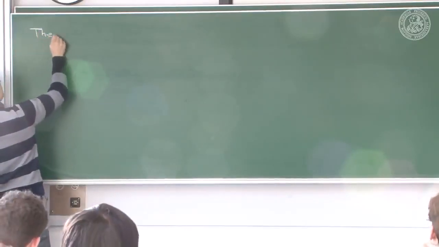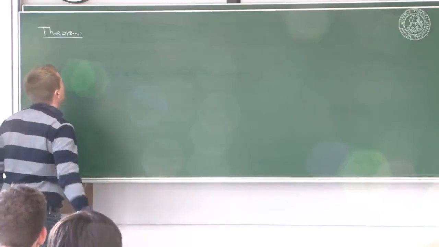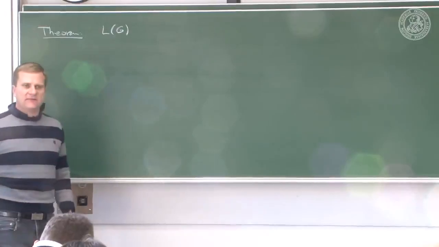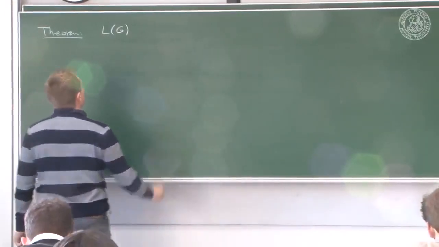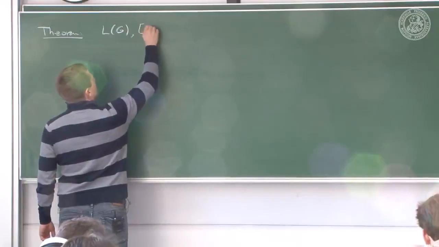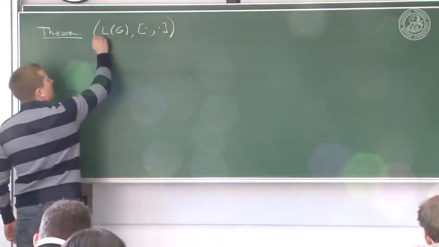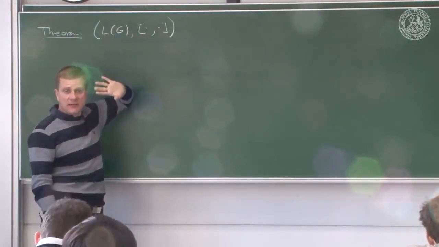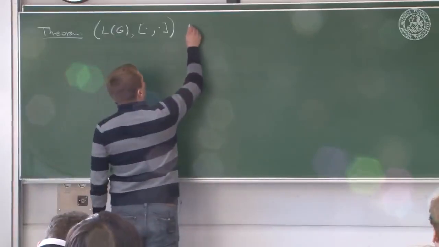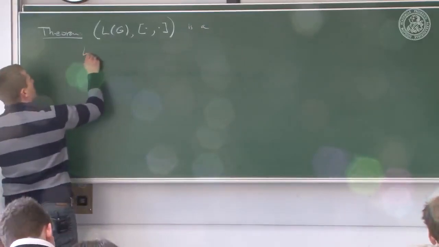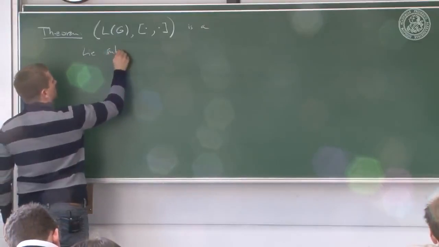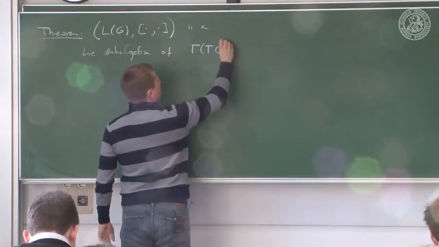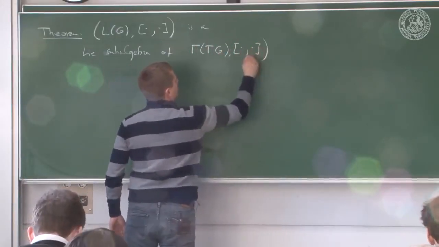Theorem: L of G, the set of left invariant vector fields, equipped with the bracket on vector fields, which I can use because these are vector fields, so I can take their bracket, is a Lie subalgebra of gamma of Tg with that same bracket.